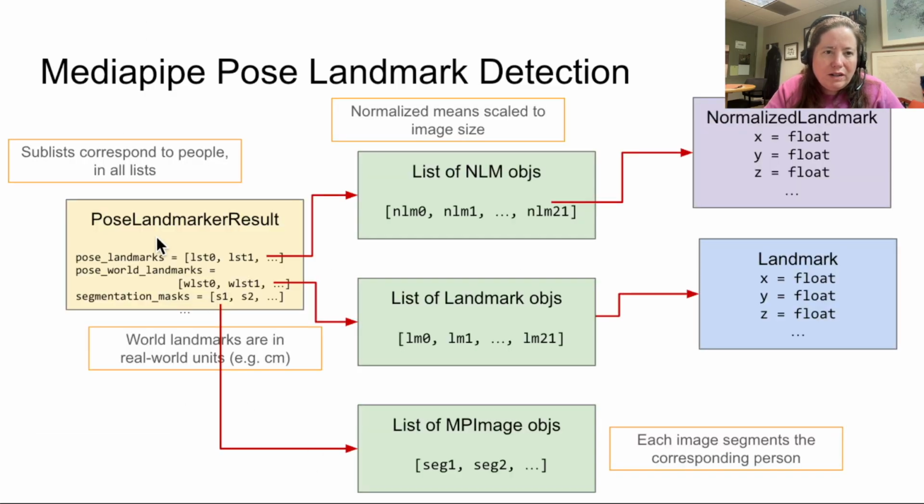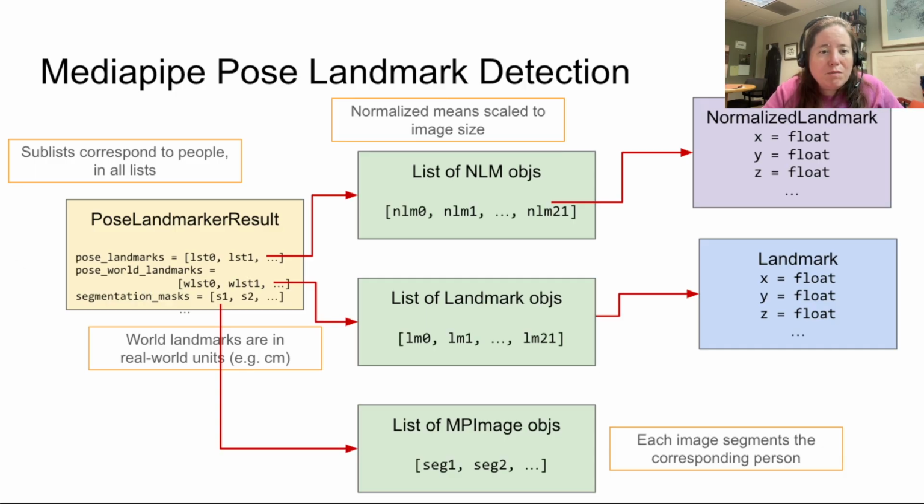When you call detect, you get back a pose landmarker result, and it has again 3 variables within it. Each contains a list, and those lists are all the same length because each of those lists corresponds to each of the people that was detected. The default is that it will detect one person, but you can ask it to detect more than that. So it is set up with its results to allow you to detect multiple people.